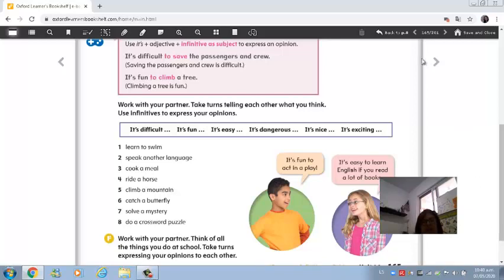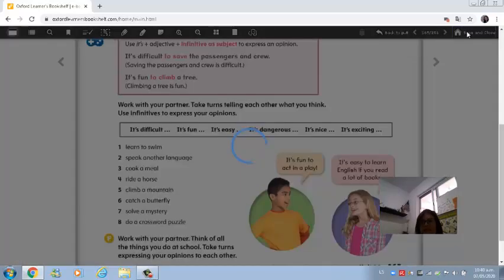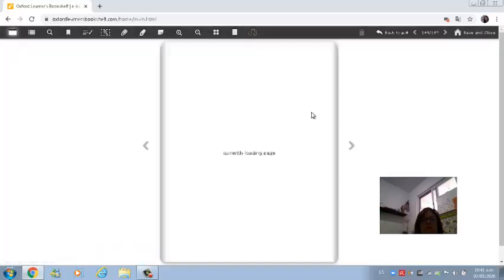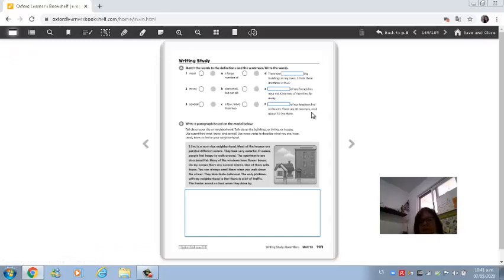Please close your student book and take out your homework notebook. Okay.